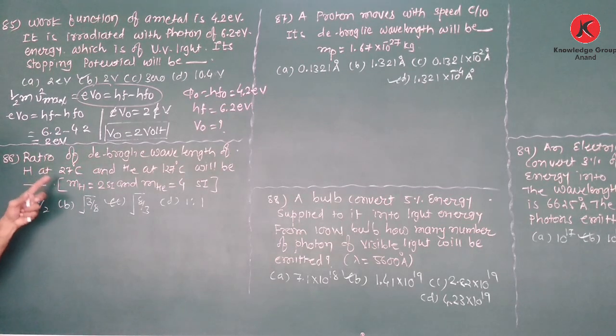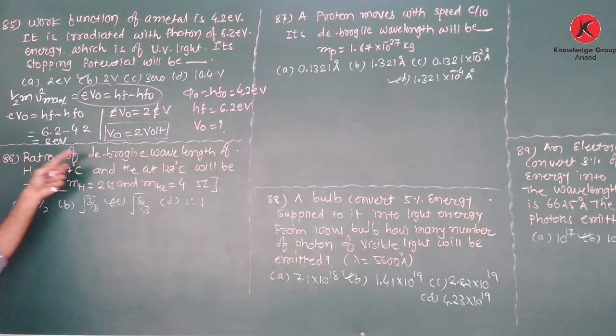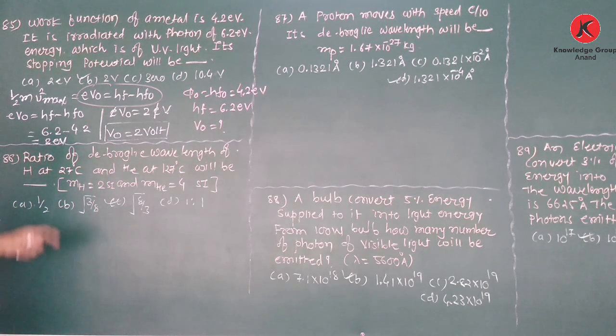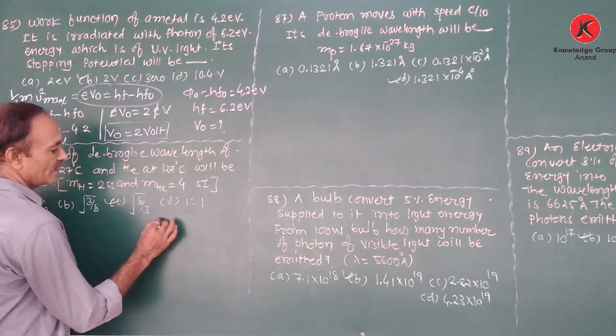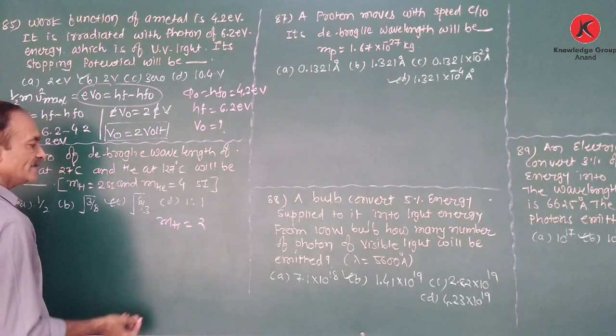After that is the most important MCQ question. Ratio of de Broglie wavelength of hydrogen kept at 27 degrees centigrade and helium at 127 degrees centigrade. The mass of the hydrogen is given as 2 SI unit.